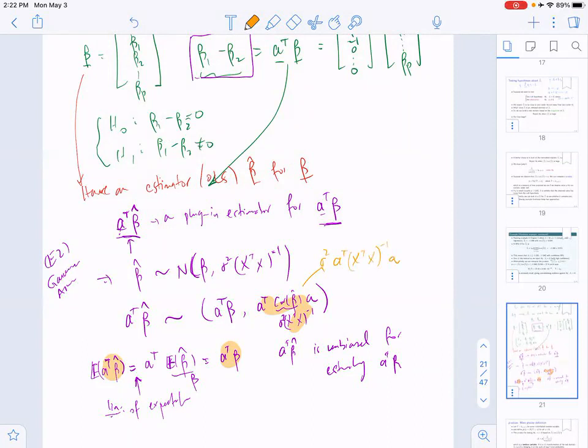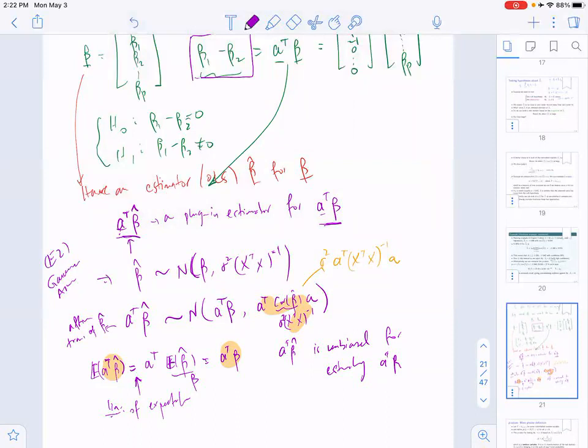Okay. So what is the whole distribution? Is it normal? Why? Because it's an affine transformation of beta hat, and beta hat has a multivariate normal distribution, so this is going to have the same.